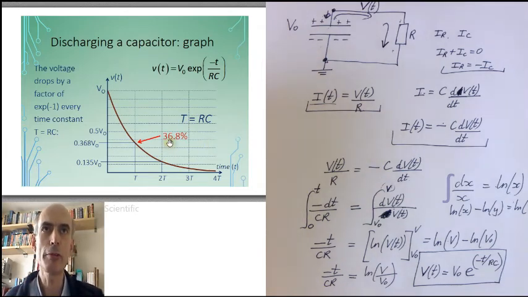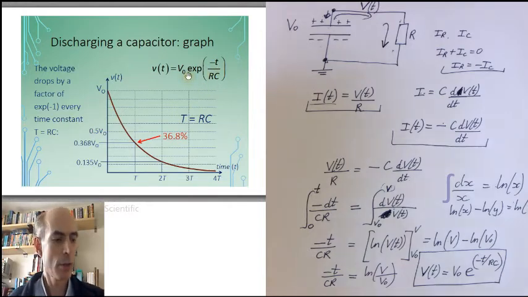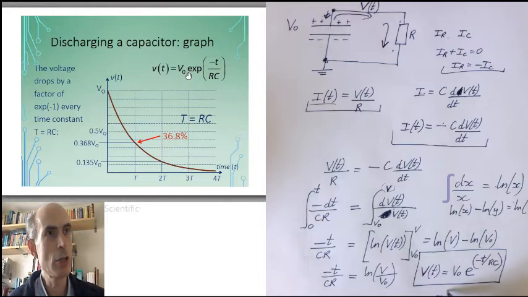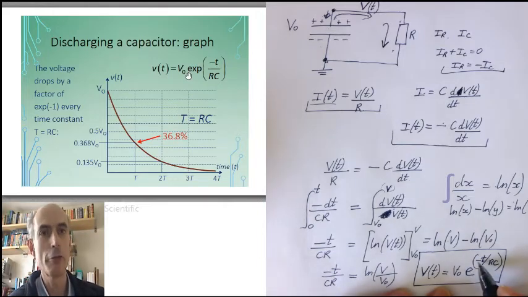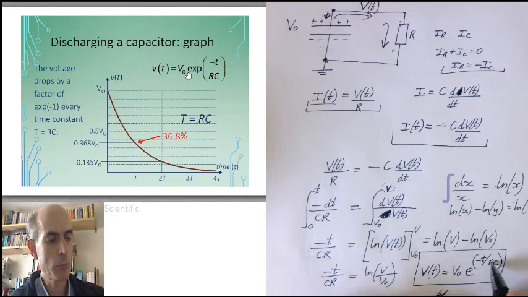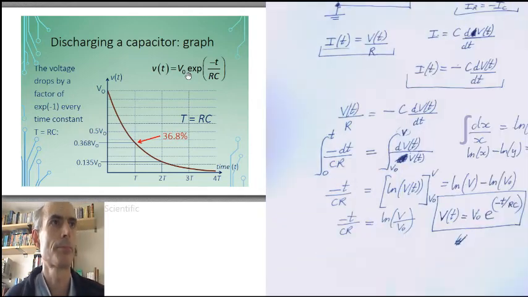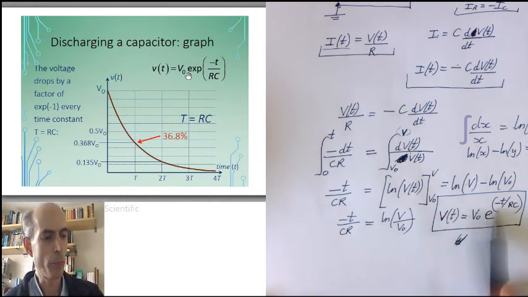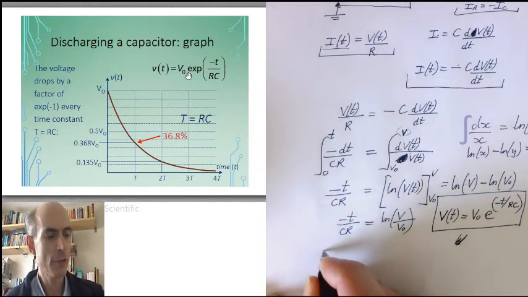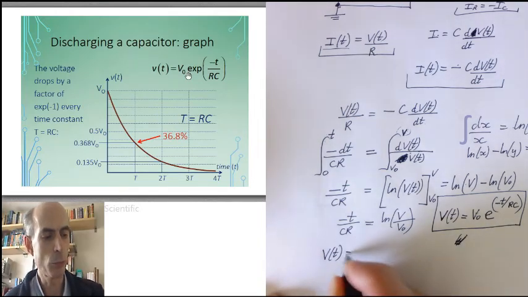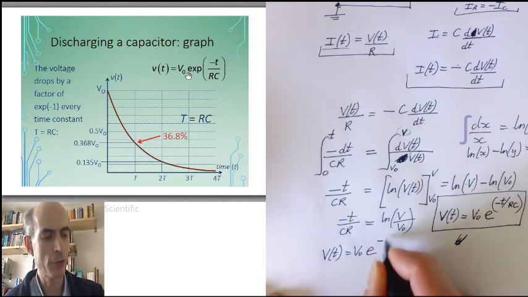And one useful figure to remember is that after one time constant, now a time constant is defined as the time after which you're taking V0 times e to the power of minus 1. So the time constant in this case would be R times C. And we can write this formula in terms of the time constant as V, the voltage as a function of time, equals V0 times e to the power of minus t over Tc, the time constant.